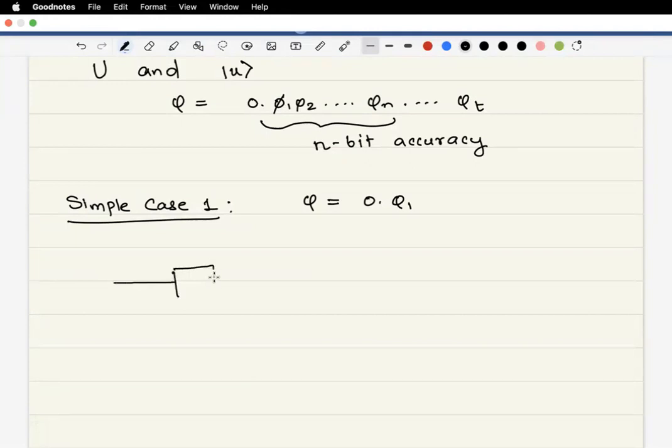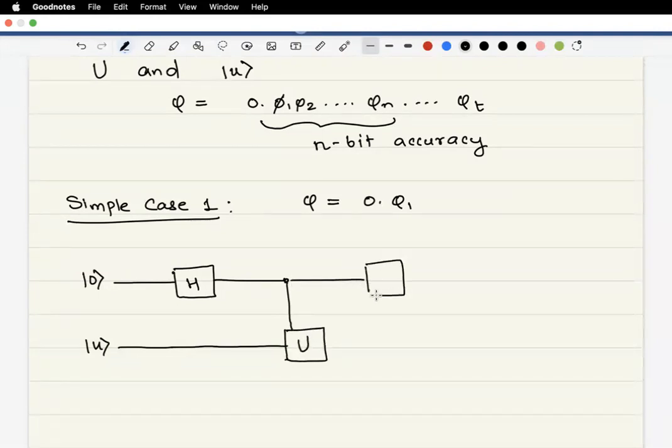The circuit is quite simple. You have a Hadamard gate, ket 0, and then you have the eigenvector over here, and then there is a control U gate. And then there's a Hadamard gate over here, and then a measurement.